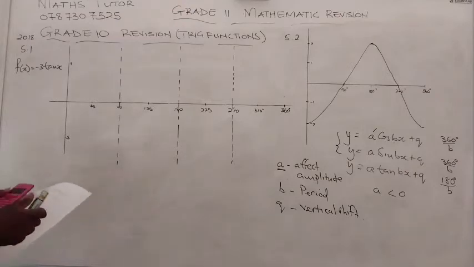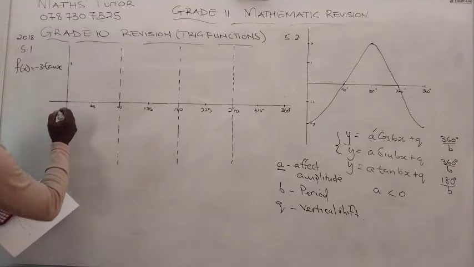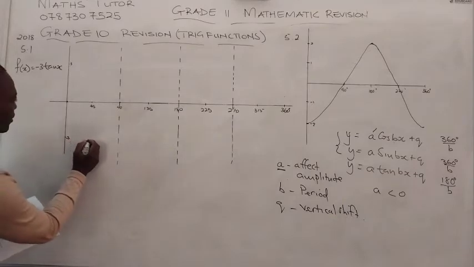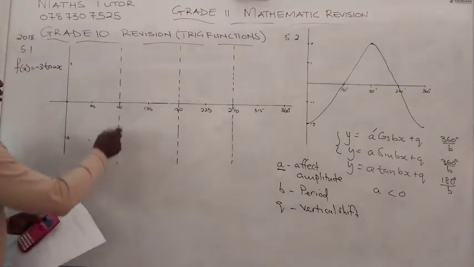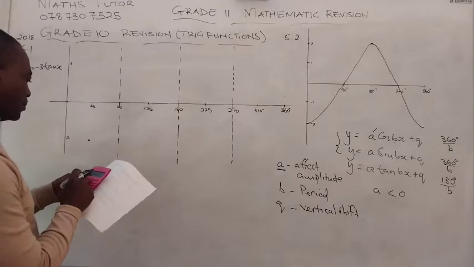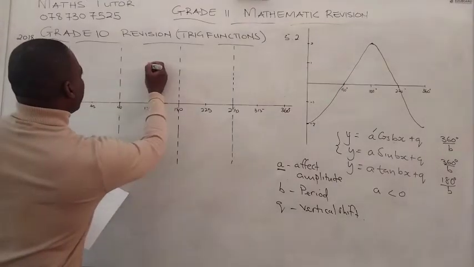So at 0, it's 0. These are just the crucial points. 45 degrees is -3. At 90 degrees is an error, so that's an asymptote. At 135 degrees it's +3.